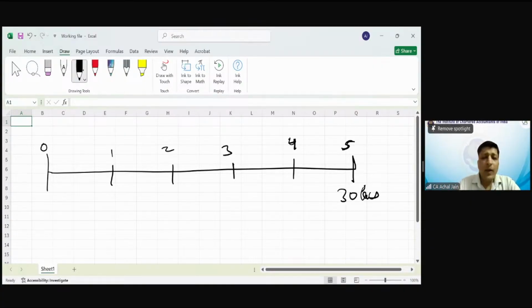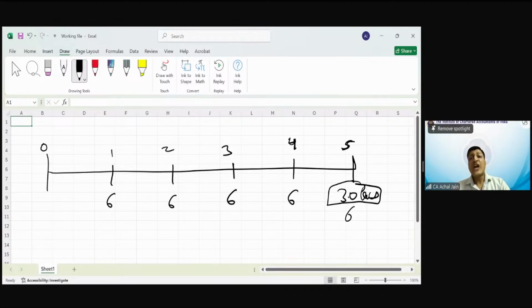Okay. Now, every year, what is going to happen? We'll record a charge of 6 lakhs, 6 lakhs here, 6 lakhs here, 6 lakhs here, 6 lakhs here, and then 30 lakhs. Okay. Now in this case, this charge of 6 lakhs is based on the future value.